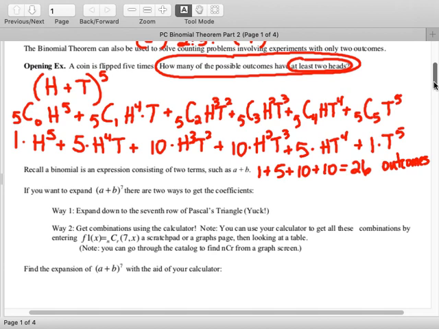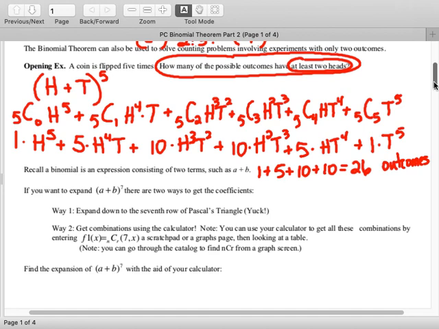The second way, if you have a graphing calculator, there's actually a way to very quickly get all of your NCRs. So if you have your graphing calculators, let's try this together. You can use your calculator, on a scratch pad or the graphs page and look at a table.